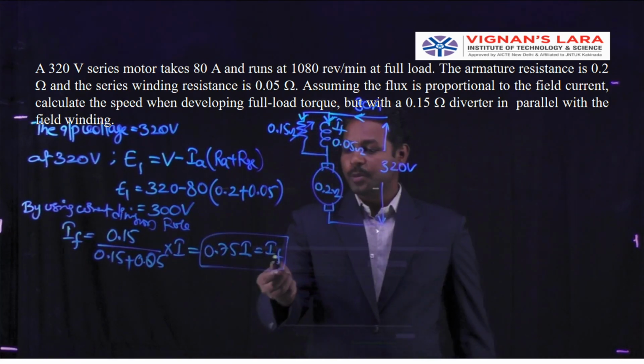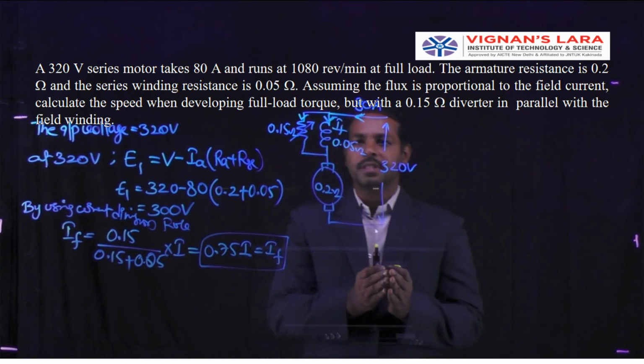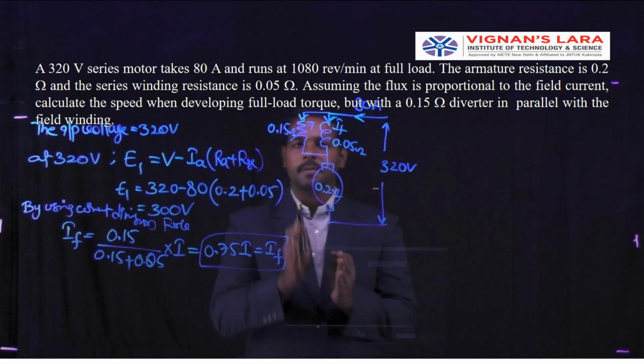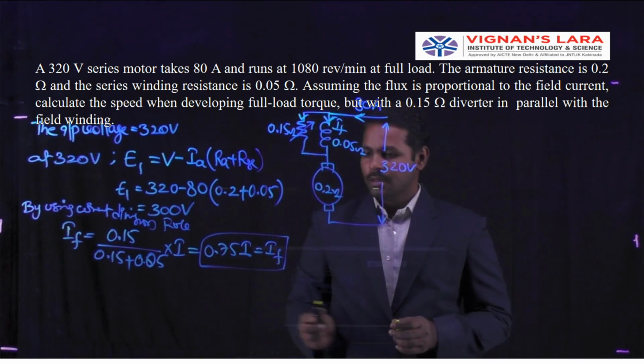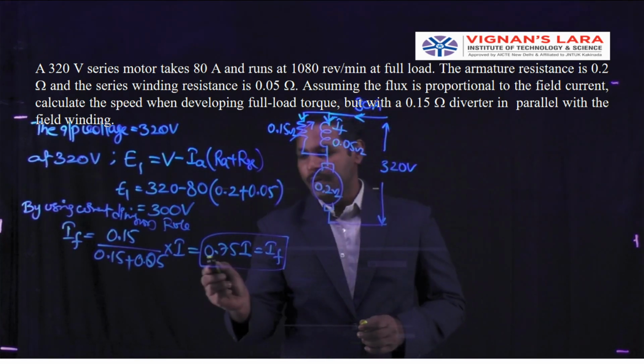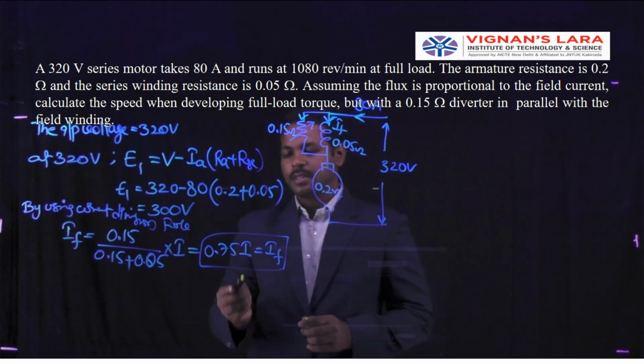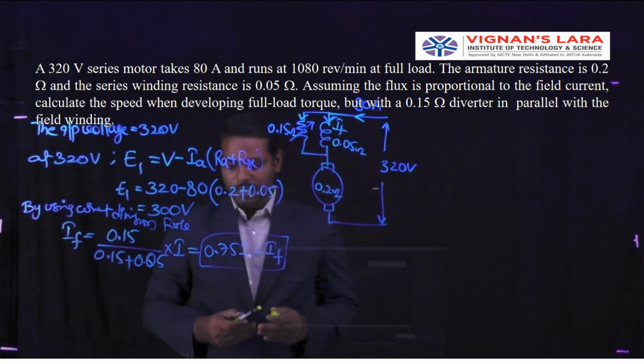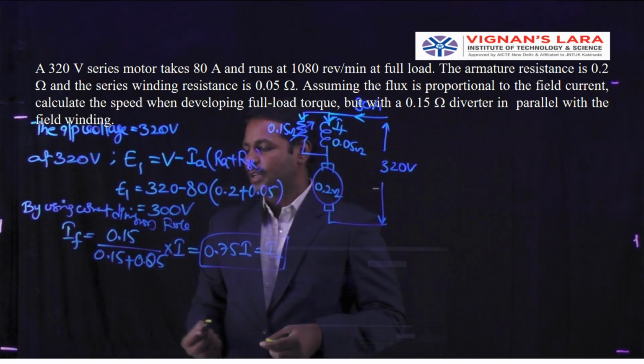So of the 80 amperes that would be given to the series field winding, part is taken by the field diverter. The current flowing through the series field winding is 0.75 times the input current.